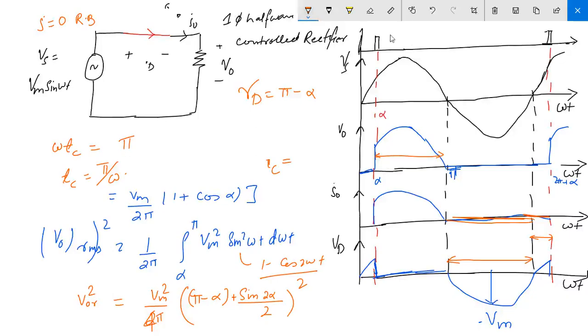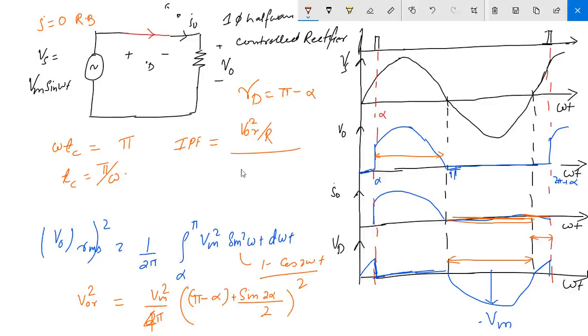Now let us talk about the input power factor, IPF. So again, IPF was RMS value across this, so I can write it as Vo square by R, the power dissipated across your resistance.